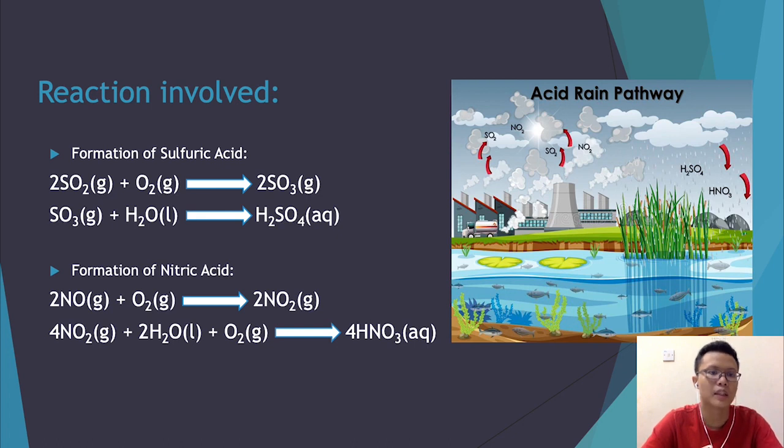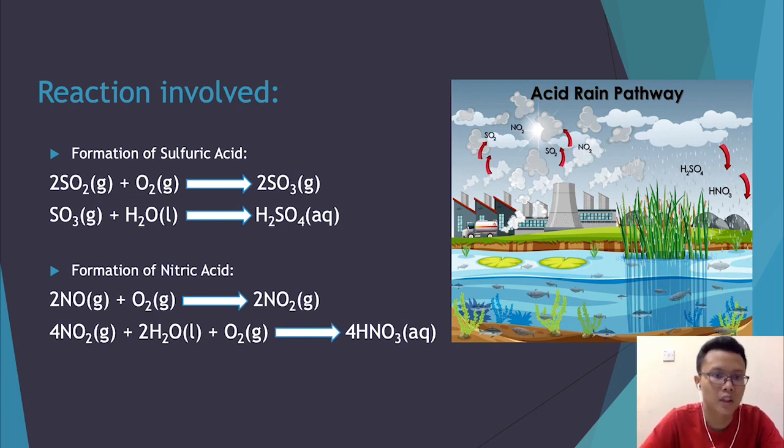The second one is the formation of nitric acid. Nitric acid comes from the gases from vehicle exhausts, nitrogen oxides. We have two, which are NO and NO2. The nitrogen oxide, NO, will react with oxygen and produce NO2, nitrogen dioxide.